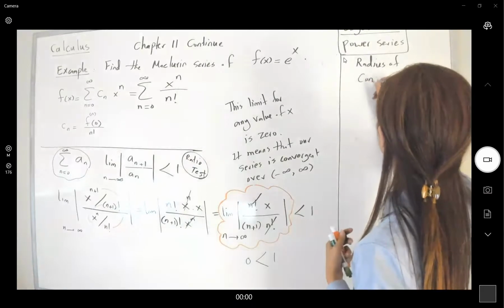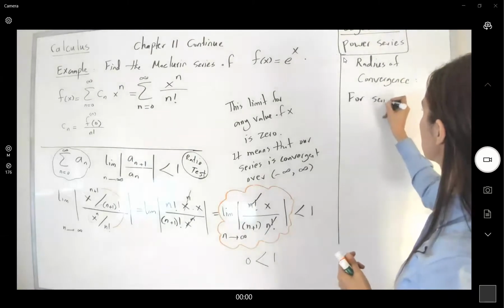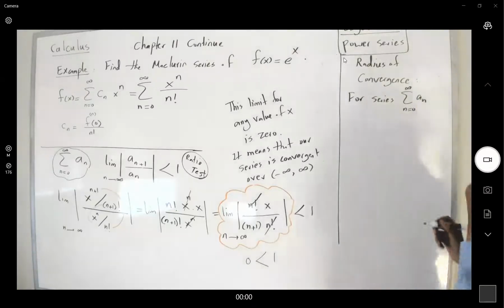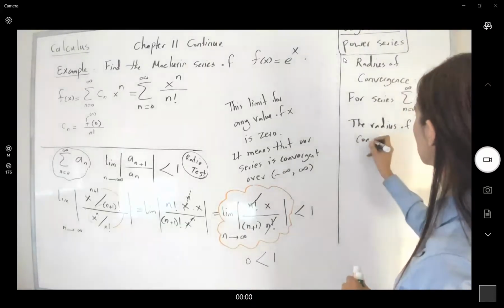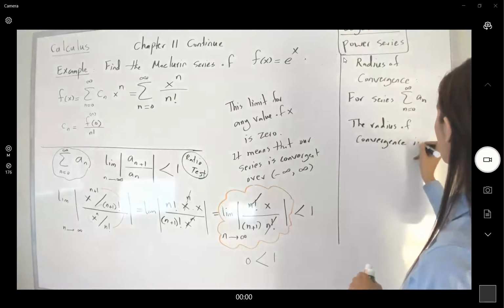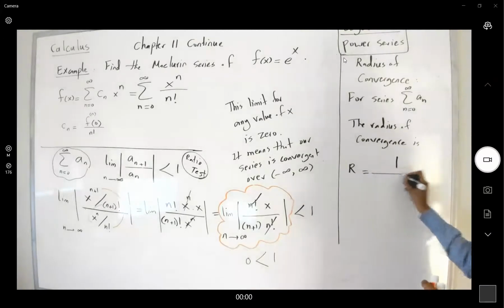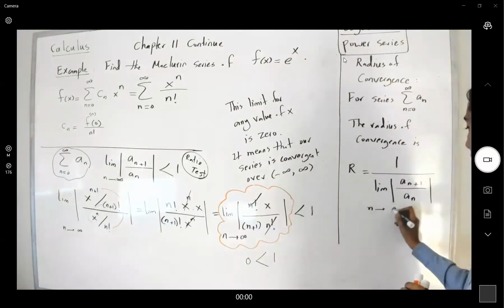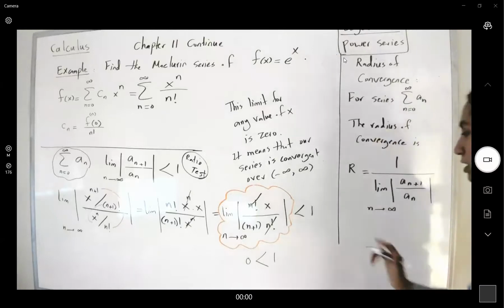The radius of convergence for the series sum of a_n, from 0 to infinity, is r, which is equal to 1 over the limit of the absolute value of a_(n+1) over a_n as n approaches infinity, or this limit is equal to 1 divided by r.